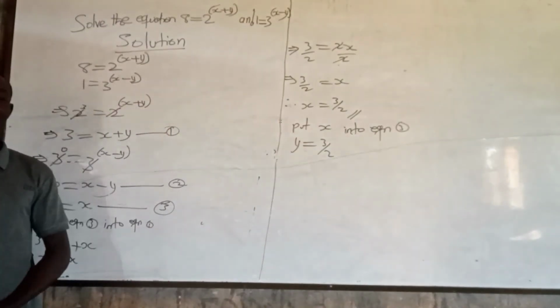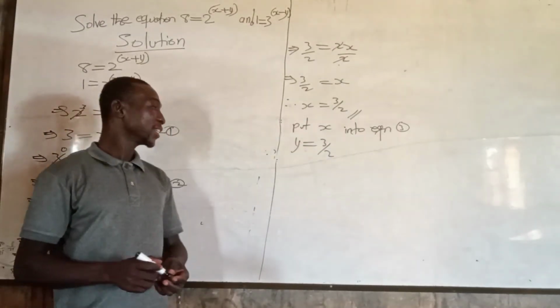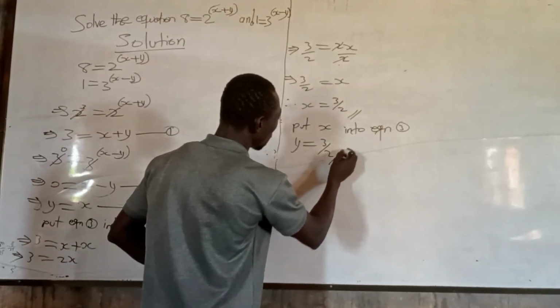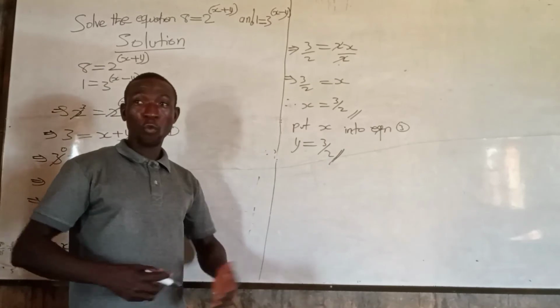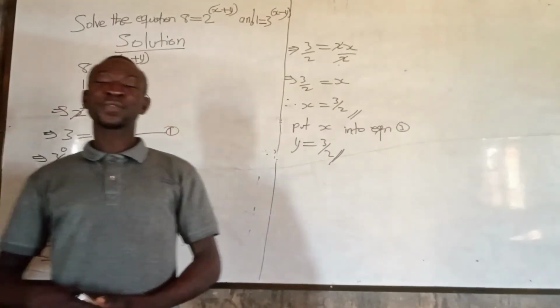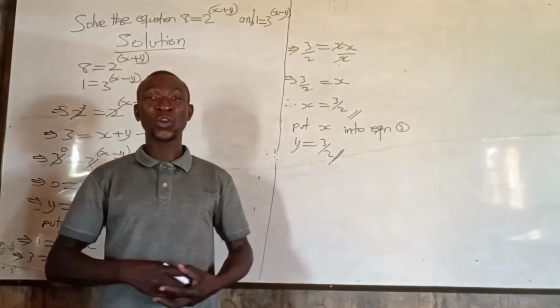And that is that. As simple as that. So x is 3 over 2, y is 3 over 2. Are you convinced or not?